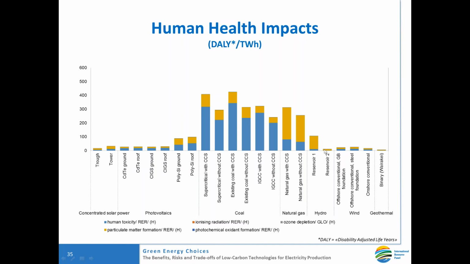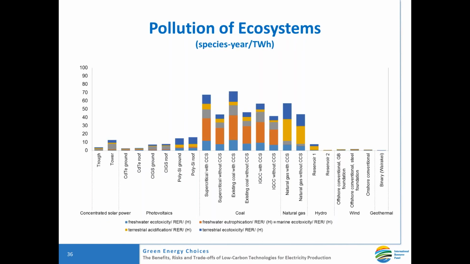And to the right, we have reservoir hydropower plants, and then various wind power technologies and the geothermal plant. And we can see that in general the renewable technologies have lower impacts, and the technologies with CO2 capture and storage have higher impacts. So a similar pattern arises also for pollution impacts on ecosystems.